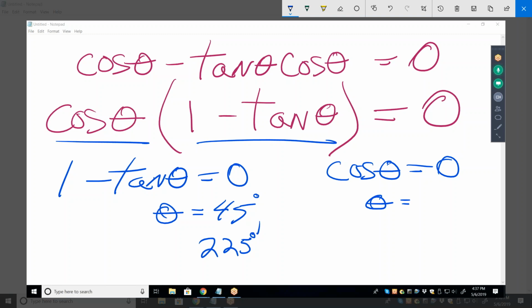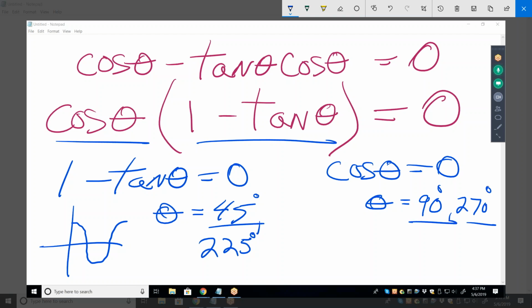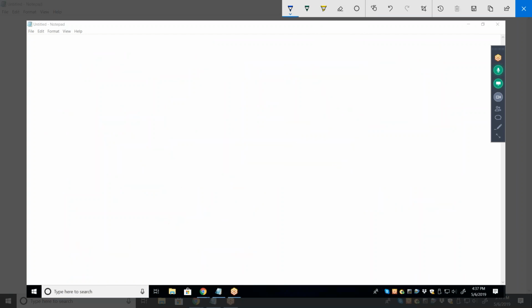No. Cosine does not start out at 0. It starts out at 90 degrees and 270 degrees. And it does occur in two different places. So there's 4 answers. 1, 2, 3, 4. All right. That's the secret, is always just be thinking algebra.